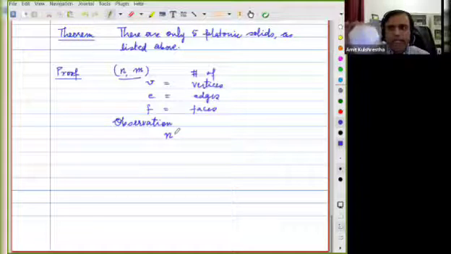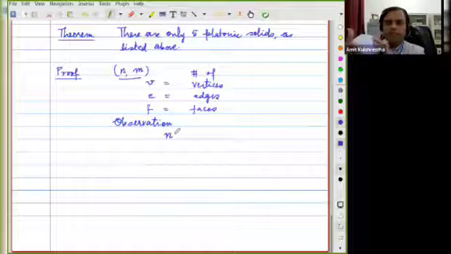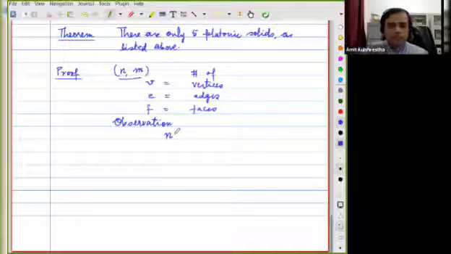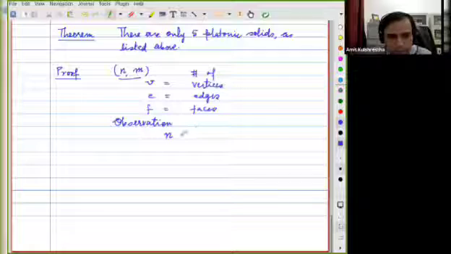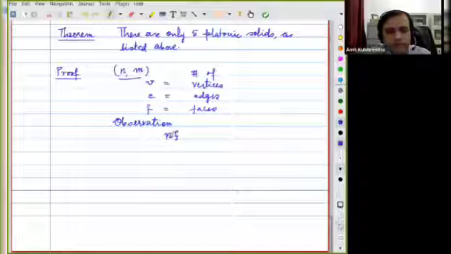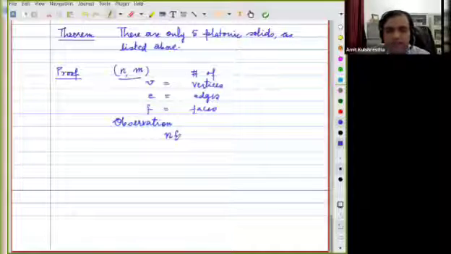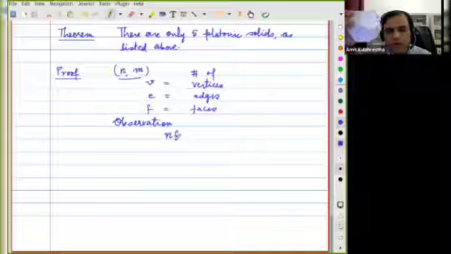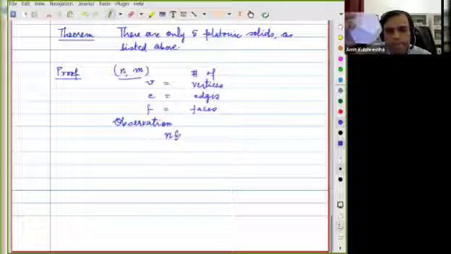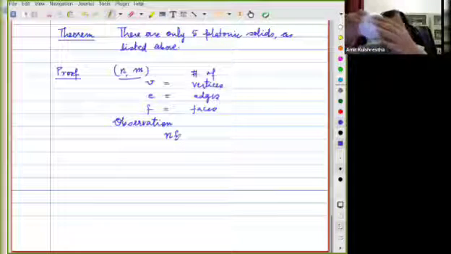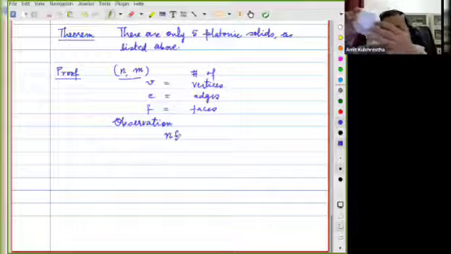If I multiply N, so this is one pentagon, there is another pentagon, there is another pentagon. How many pentagons are there? So I am multiplying it by how many faces there are, say 5. And what quantity is it counting? It is counting the number of edges, right? I just wanted to count the total number of edges.